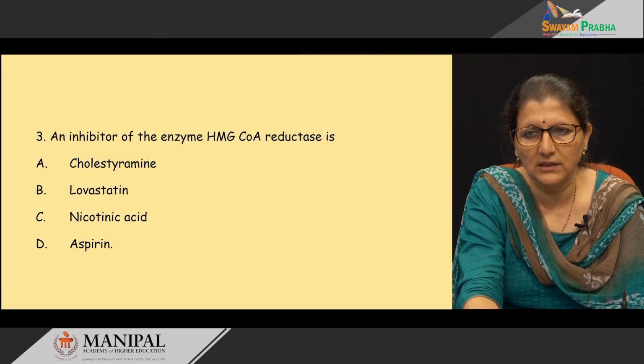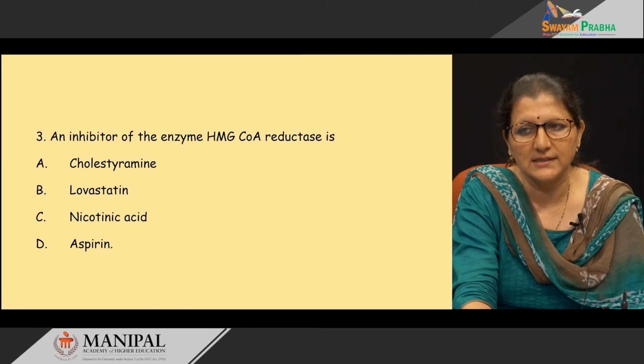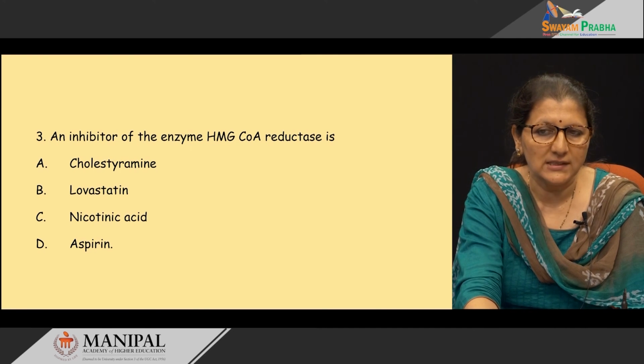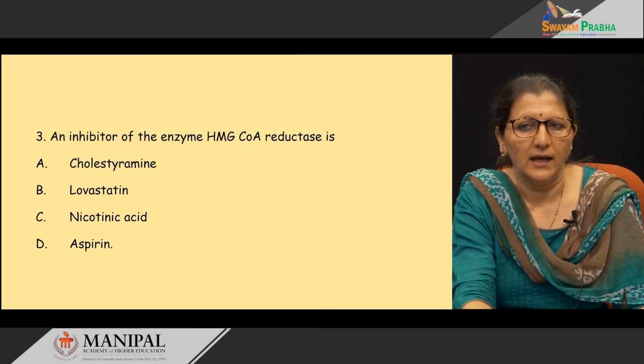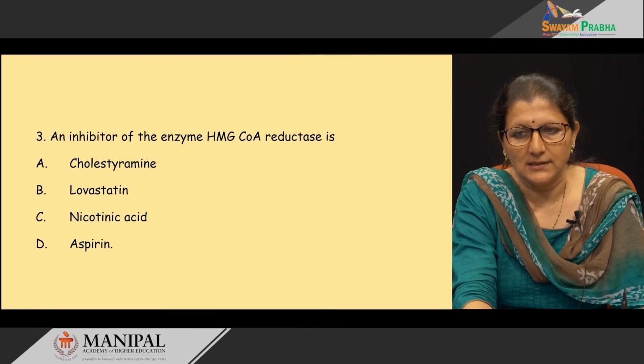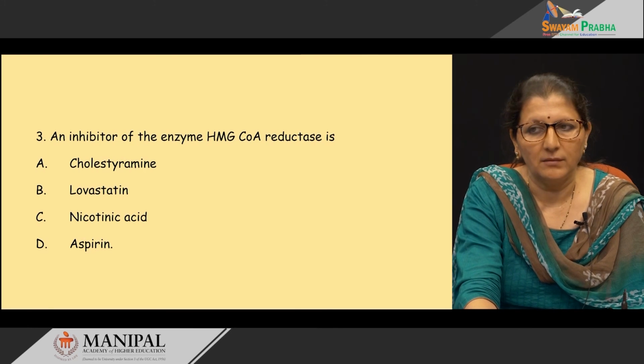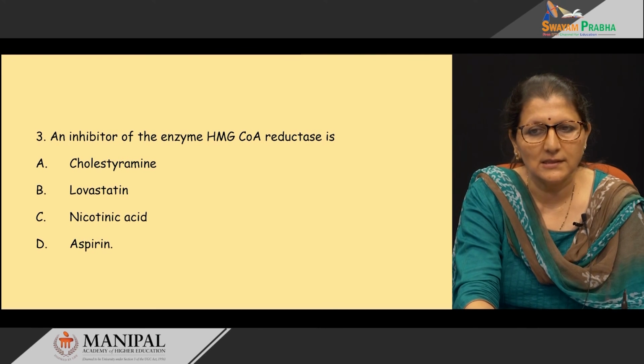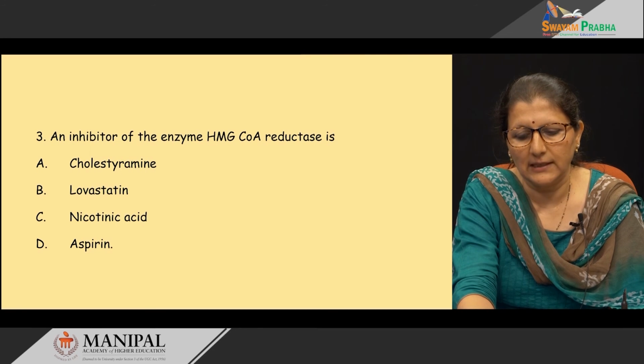The third question: an inhibitor of the enzyme HMG-CoA reductase is cholestyramine, lovastatin, nicotinic acid or aspirin. Which is the right answer? The inhibitor of HMG-CoA reductase is a statin, and the answer is B, that is lovastatin.